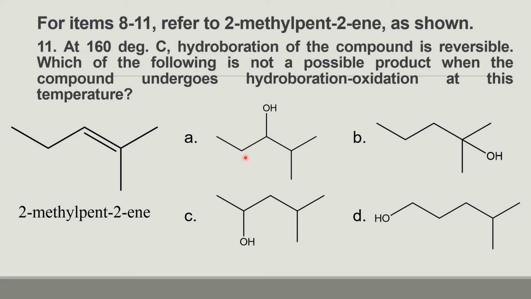This one is also possible. This one is also possible. But this one is not possible. Why? Because this implies na sumunod tayo ng Markovnikov addition. Pero we know that hydroboration oxidation itself does not follow Markovnikov rule. Kaya the correct answer for 11 is B.